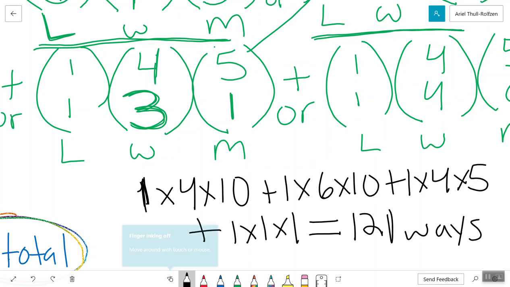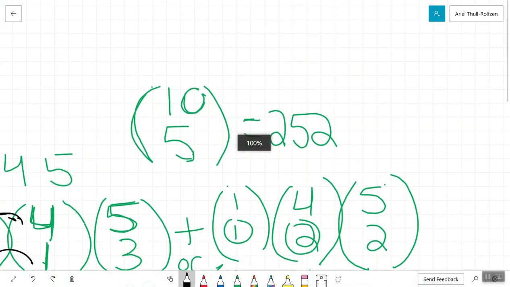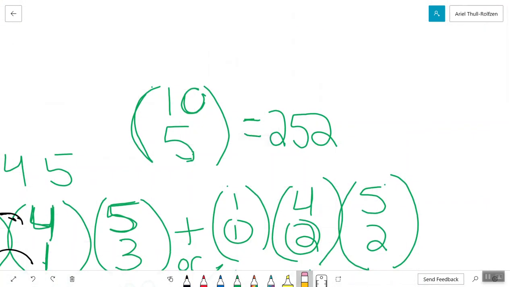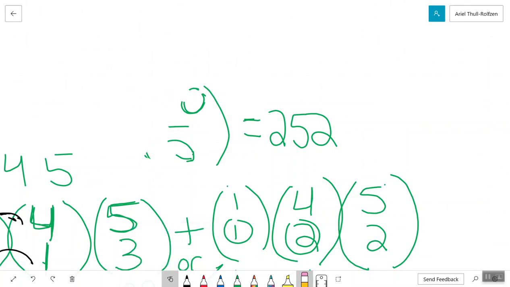So for the denominator, I said the denominator doesn't change, but the denominator actually has to change, and I'll tell you why.